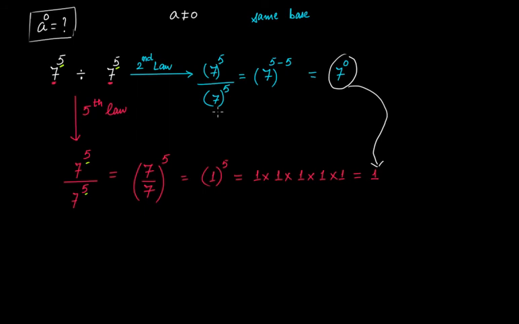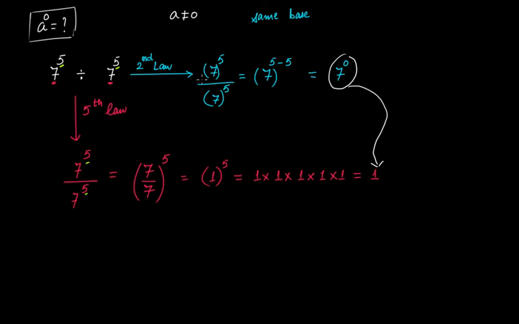Because it doesn't matter whether we are following the second law of exponents or the fifth law of exponents, the value derived from this law and this law will be the same, because we are applying it on the same operation here, that is the division of two powers.